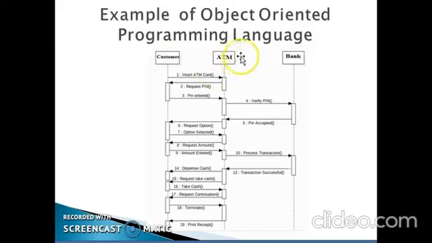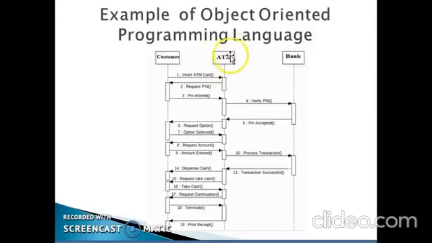ATM machine is also an object. So what could be the possible data members associated with this ATM machine? Maybe an ATM number which uniquely identifies this ATM machine. You can also mention the location, the address where this ATM machine is available.